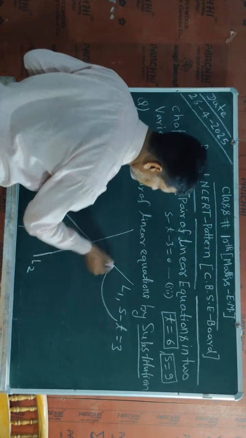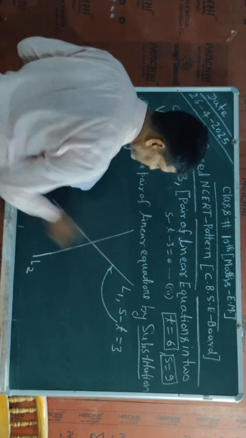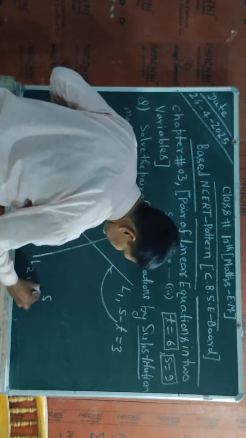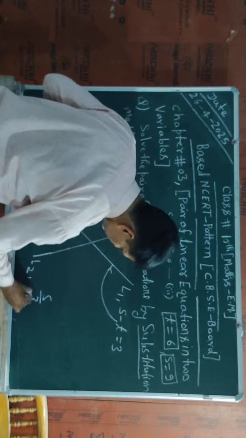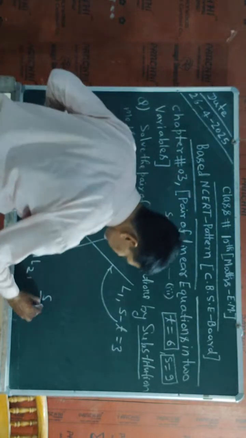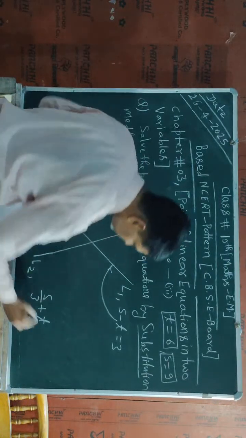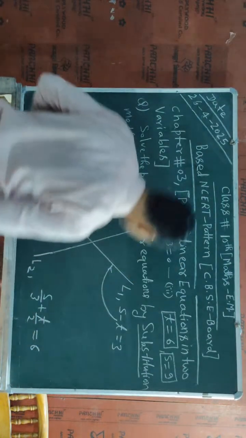The other line was s divided by 3 plus t divided by 2, which is equal to 6. That is written in the textbook.